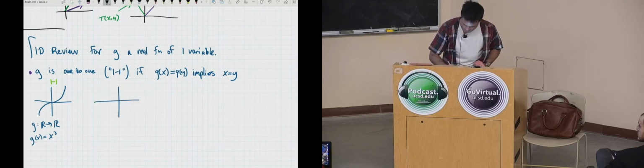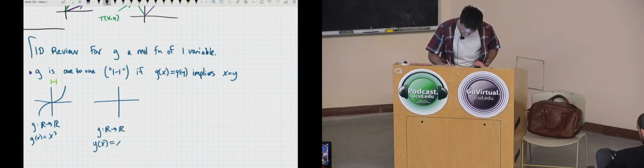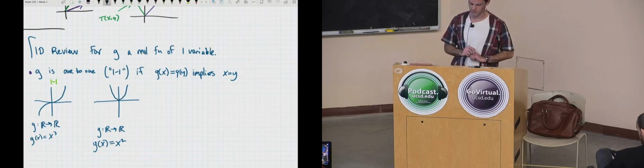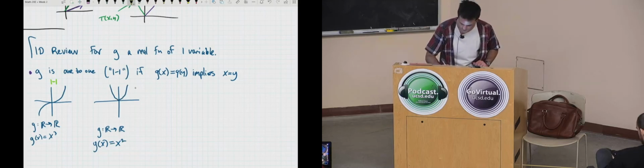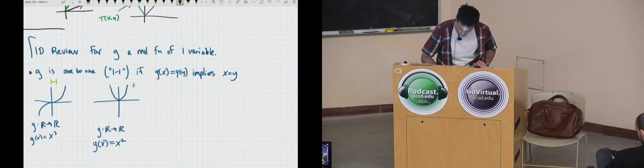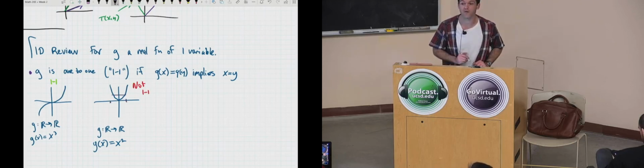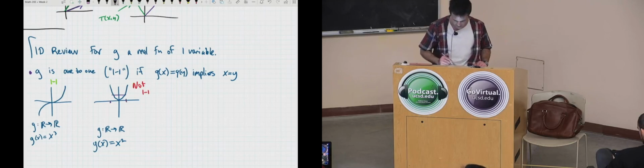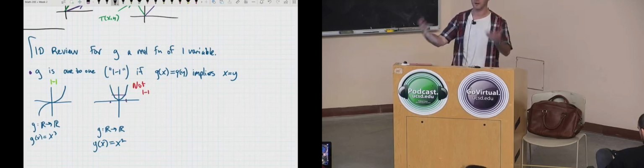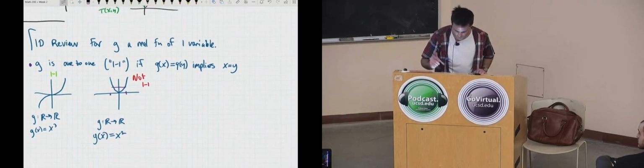What about g from R to R, g of x equals x squared? Like this. Is this one-to-one? No, it's not, because you can see, for example, these two x values both yield the same y value. Can't be having two different x values output the same y value.